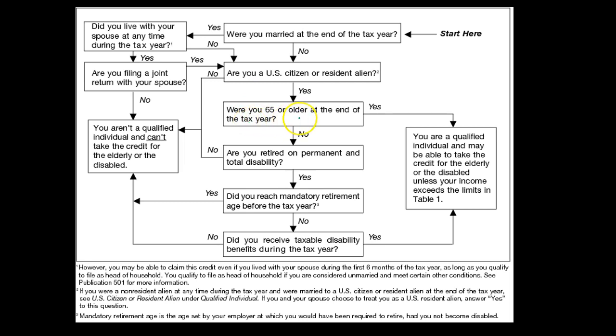Were you 65 or older at the end of the tax year? If the case is yes, then we go right over here and say you are a qualified individual and may be able to take the credit for the elderly or the disabled unless your income exceeds the limit, and then we can see the limits, which will be on table 1. So that would be the typical kind of flow through. You can go through some of the more unusual type of situations with a flowchart such as this as well.